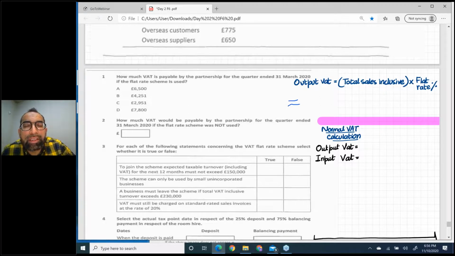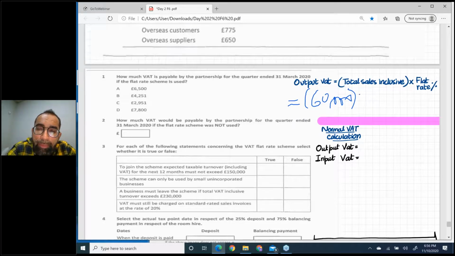Total sales means sum of all sales. So in this question there are only two sales, that is standard rated and exempt. 50 plus 10 is 60,000. Your total sales is 60,000, and thank God it's already inclusive.